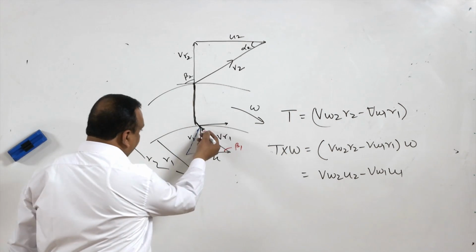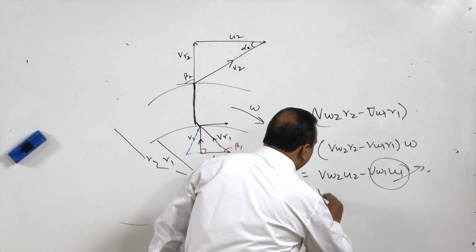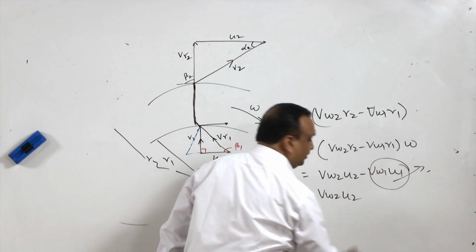Here, when there is a radial entry, this is 0, it is VW2 U2.